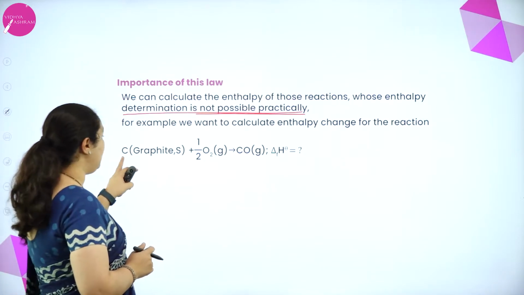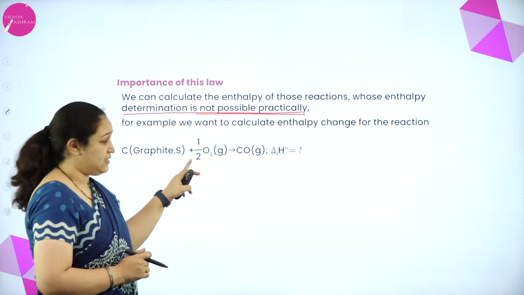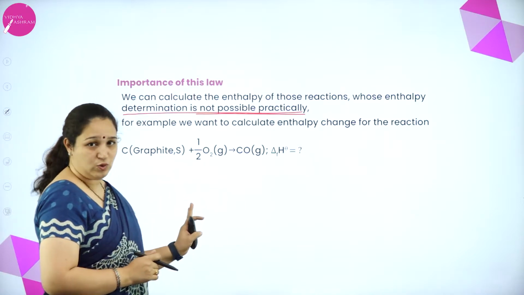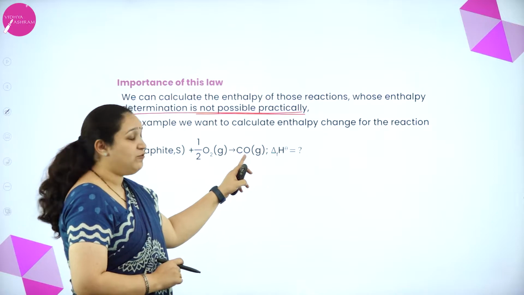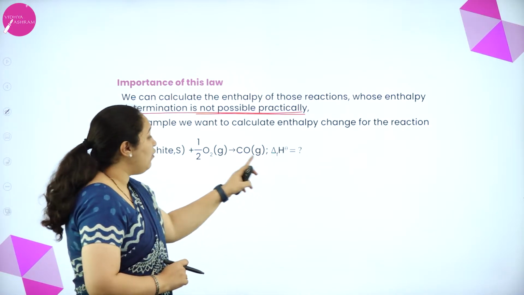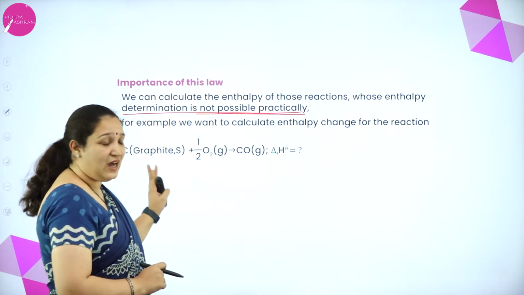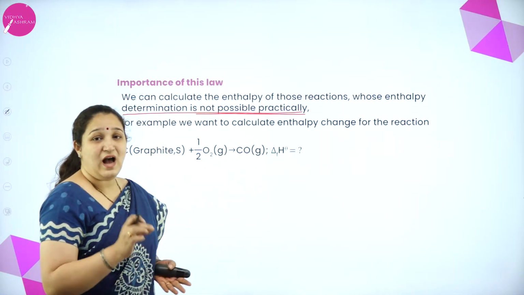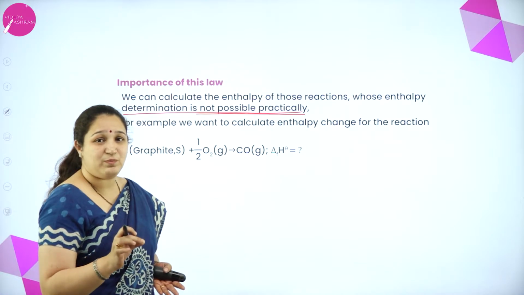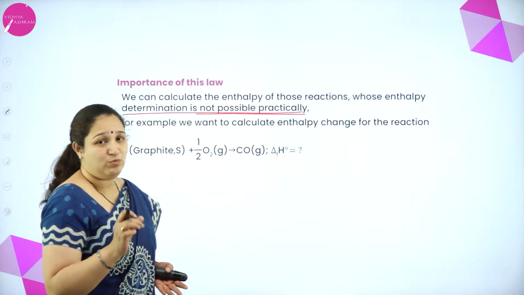I have taken carbon, graphite in solid state, plus half O2 in gaseous state, forming carbon monoxide. I want to find out the enthalpy of formation of carbon monoxide.